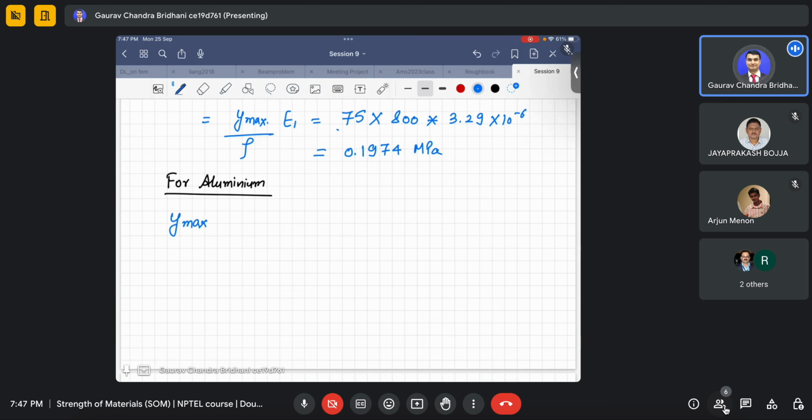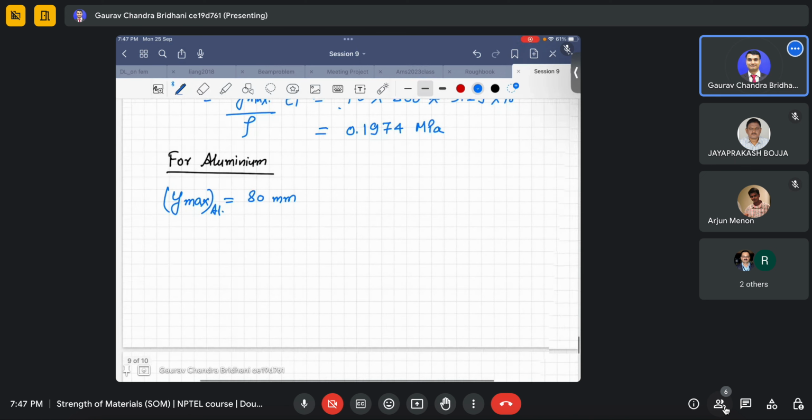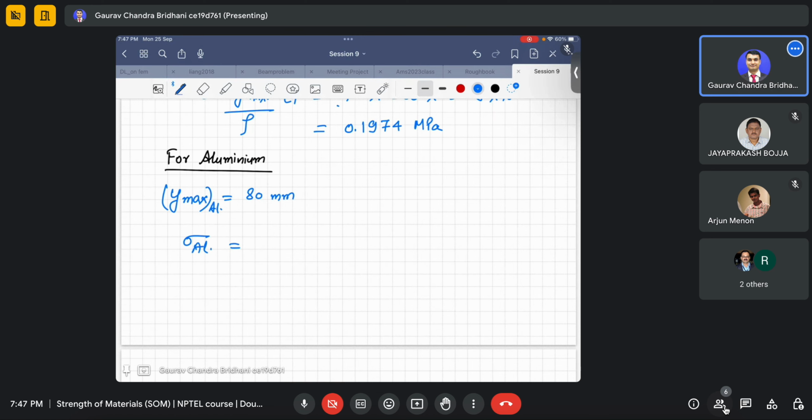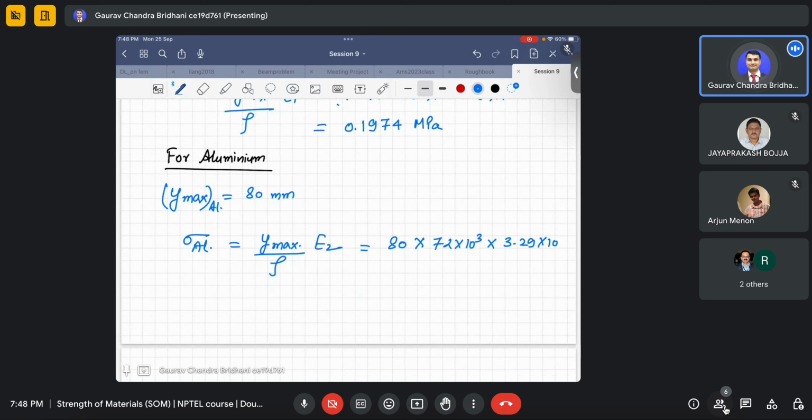So y max will be 80 mm for aluminum. Sigma aluminum is nothing but y max divided by rho into E2. E2 is our aluminum. So it will be 80 into E2, E2 is 72 GPa, 72 into 10 to the power 3 MPa, and then into 3.29 into 10 to the power minus 6. Can you tell me what this value comes?